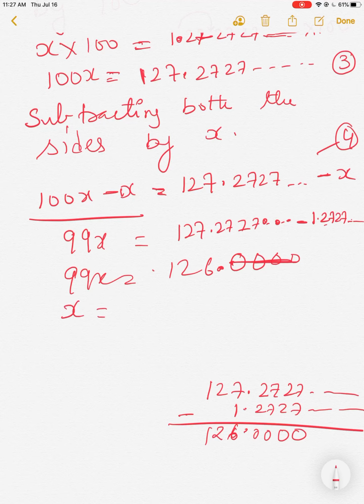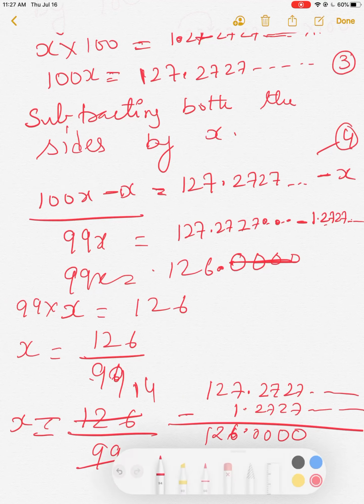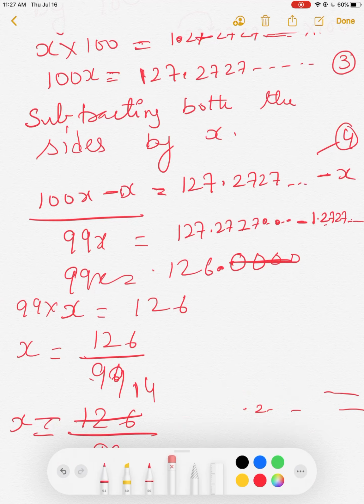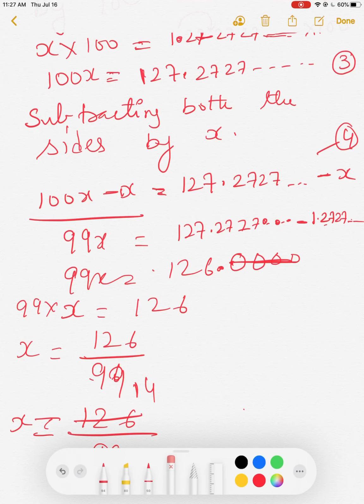Now 99x means 99 multiplied by x is equal to 126. x is equal to 126 upon 99. 9 11s are 99, and 9 14s are 126.